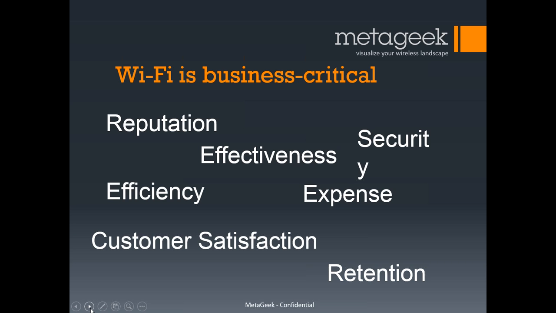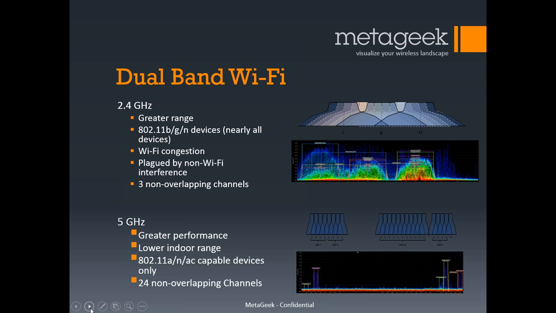If Wi-Fi is suffering, it's a pain for everybody. Customer satisfaction goes down. Security, of course, is very important when you run your business highly around Wi-Fi and electronic transmit of information. So that's why we're in business. We want to make your Wi-Fi awesome, keep it awesome, and help you fix it as quickly as possible when it breaks.